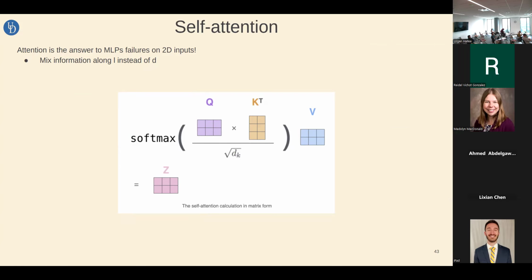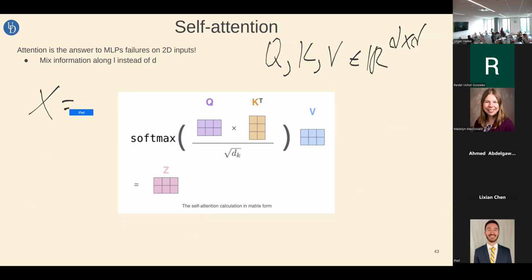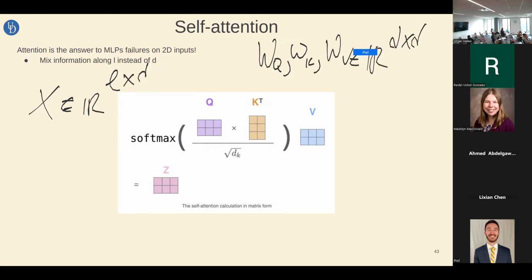And so the weight matrices are typically all D by D. Our input is L by D. And actually, the weight matrices should start with W here. So let's call them WK, WV.